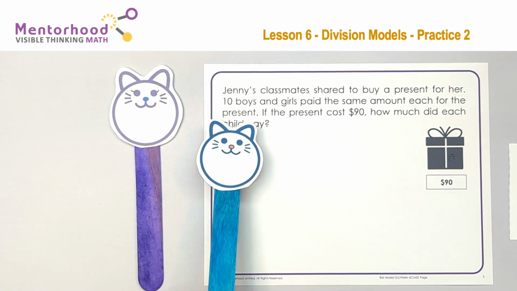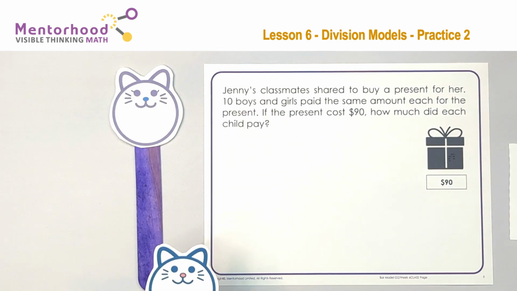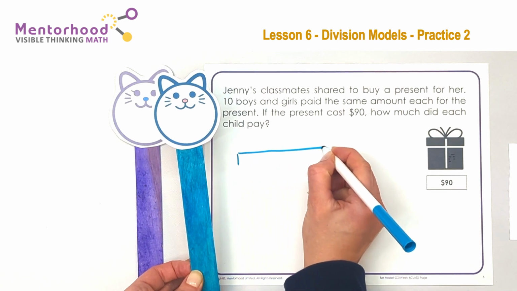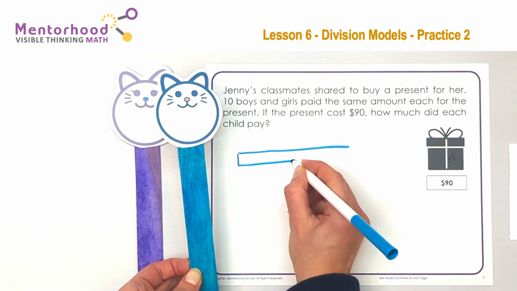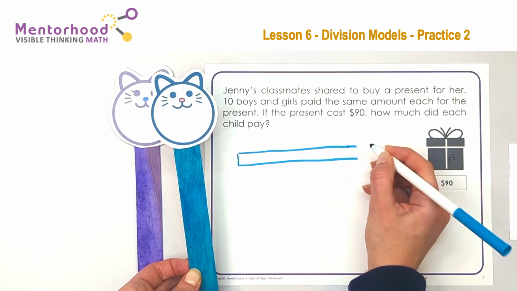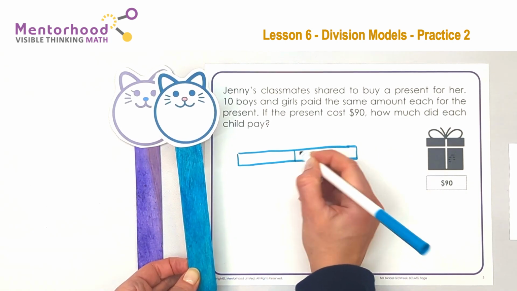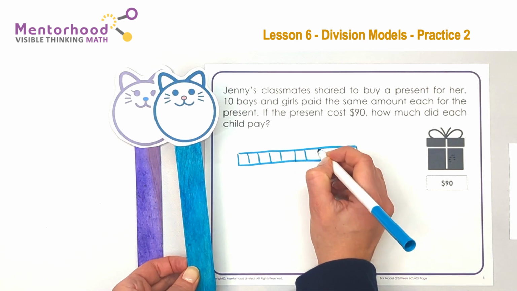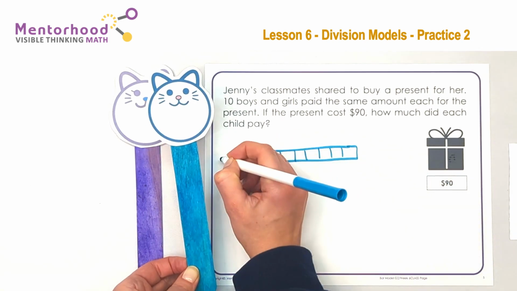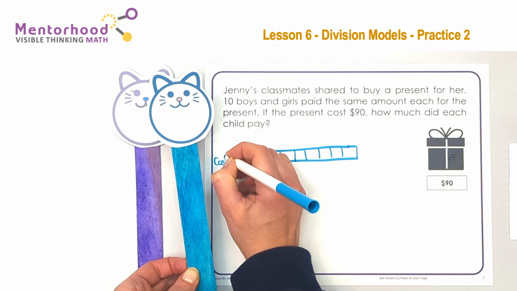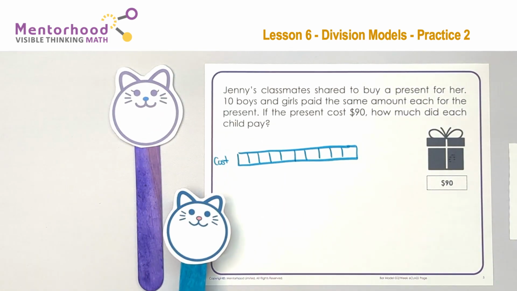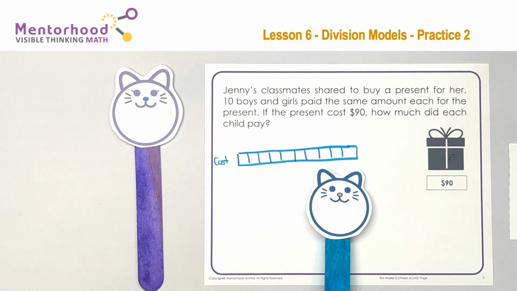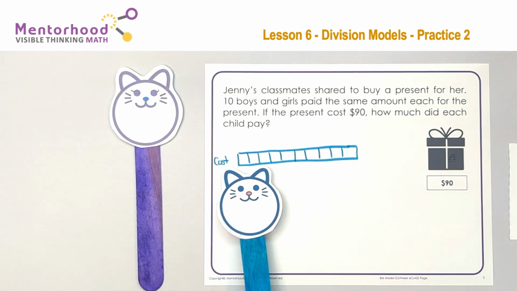So let's draw 10 sections. All right, I've labeled it cost because this represents the cost of the present divided among 10 children.